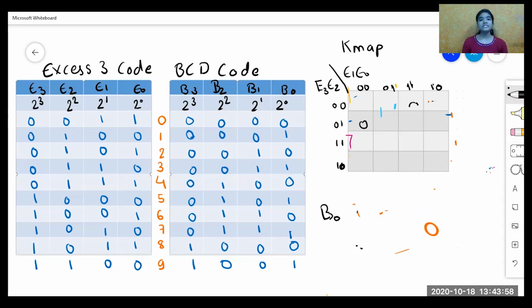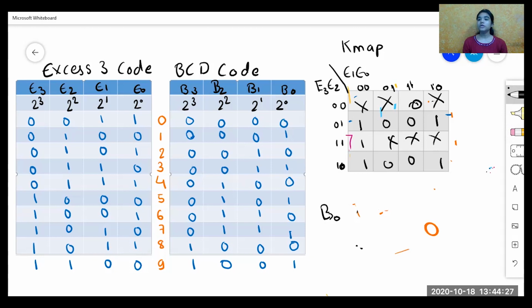So in B0, we see that the XS3 code for 1, 3, 5, 7 and 9 are filled with ones. These are the places to be filled with ones, and these are the places to be filled with zeros, and the remaining places as don't care condition.